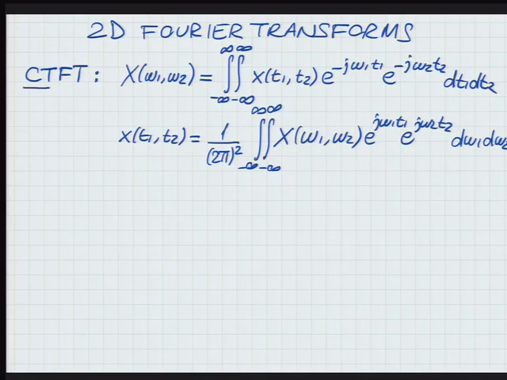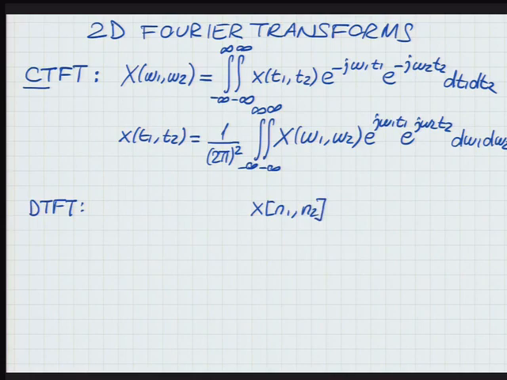Discrete time is very similar. The DTFT is defined similarly. So I'm now given a signal of two variables, n1 and n2. But this is discrete, meaning that n1 and n2 are integers. Right?